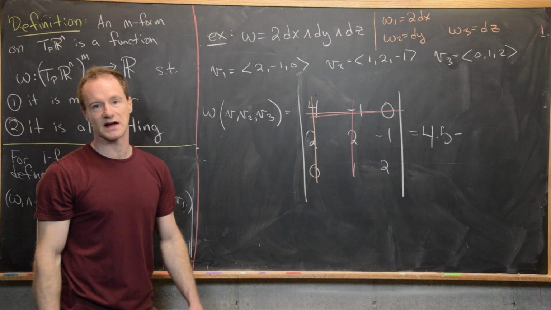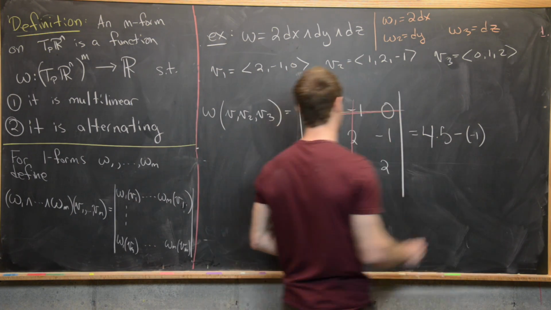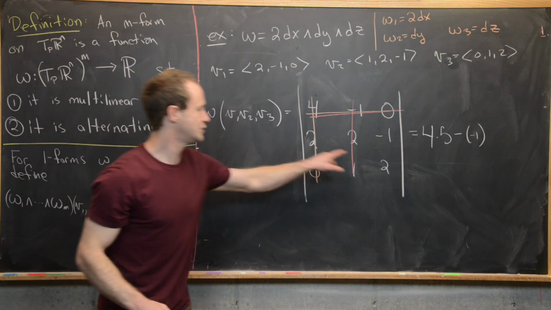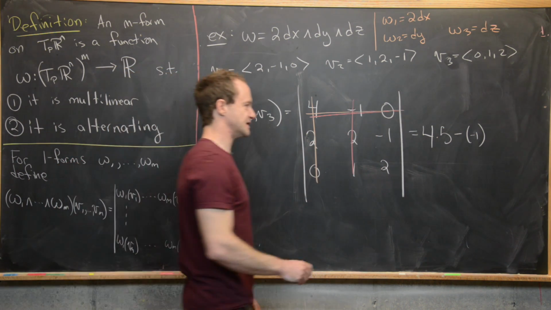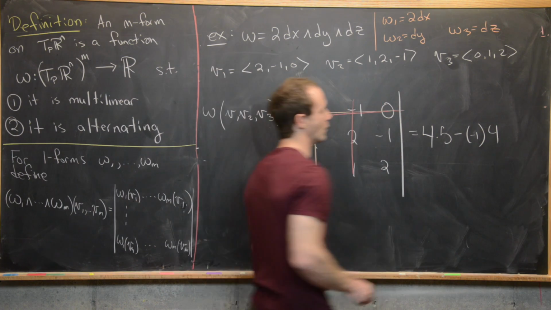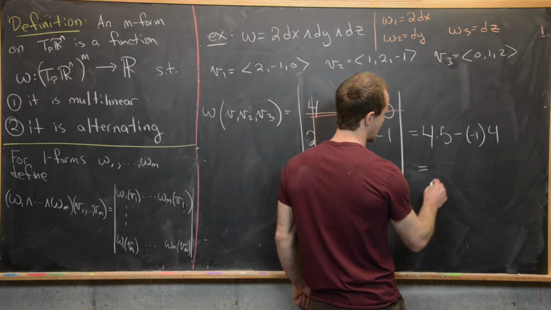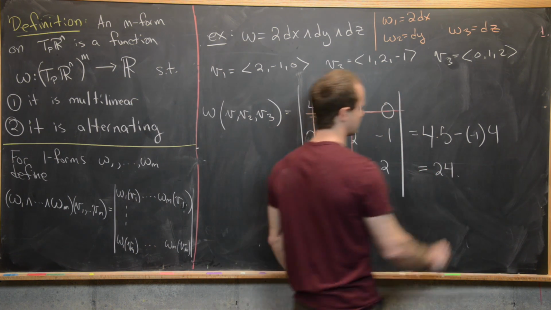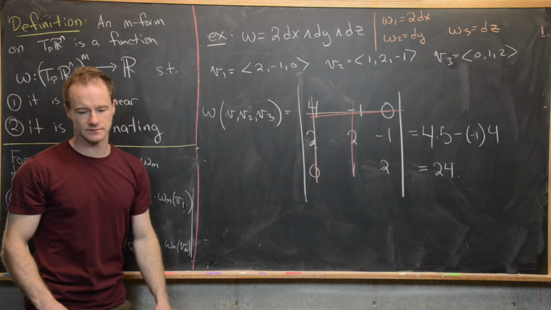Remember that a minus sign is built in. And then we have another minus sign from this negative 1 right here. And then we have 2 times 2, which is 4, minus negative 1 times 0, so that'll just be 0. So we have 4. That's going to give us 20 minus minus 4, in other words, 24.